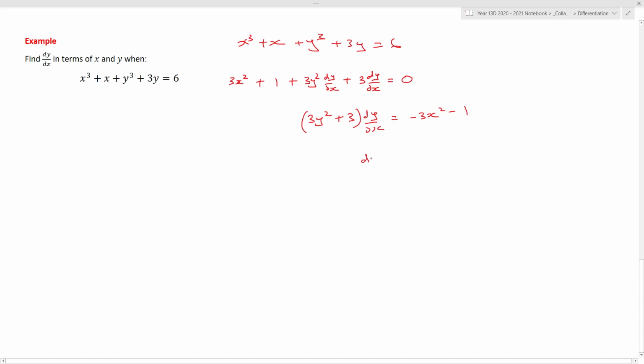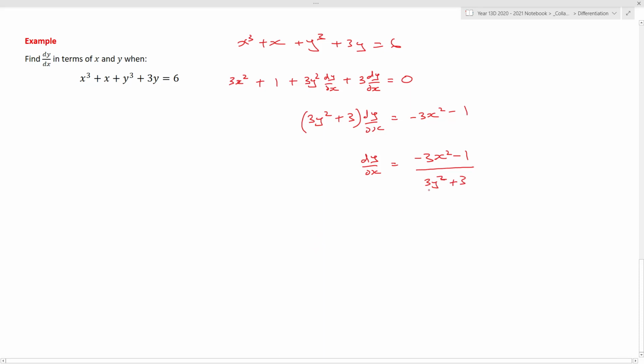That means my dy by dx is equal to, I'm going to divide everything by 3y squared plus 3. Gives me minus 3x squared minus 1 all over 3y squared plus 3. That's job done.